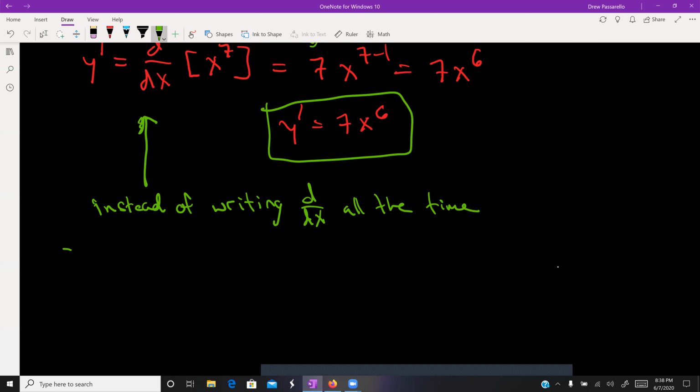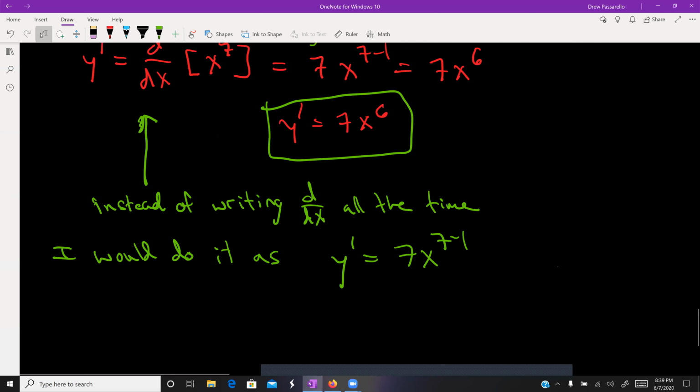I would write it as just y prime is equal to 7 times x to the 7 minus 1, like that. So I just skip having to write the d/dx part, because it's understood at this point that I'm taking the derivative of x to the 7.